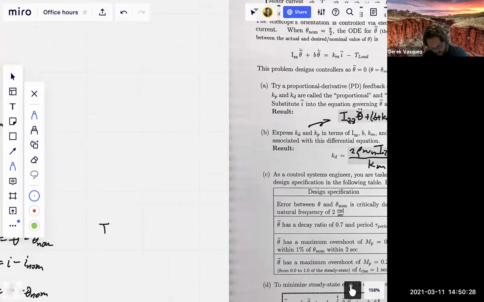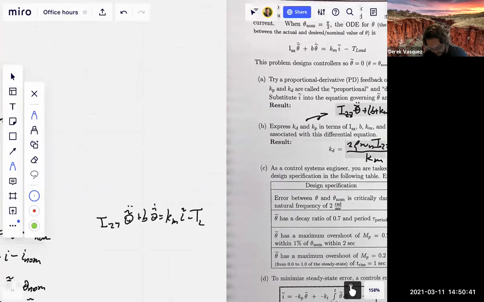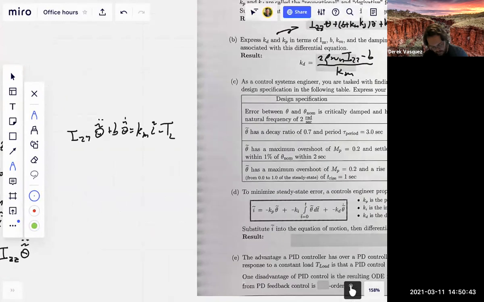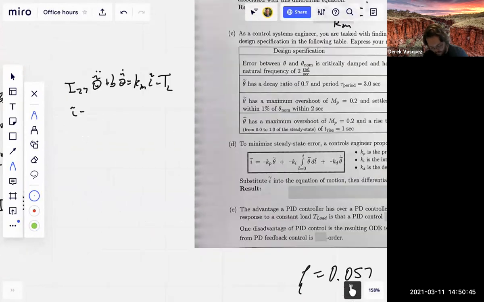So we have I_zz theta tilde double dot plus b theta tilde dot equals k_m I tilde minus T_load. I tilde is equal to that.